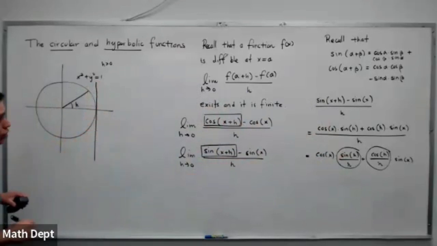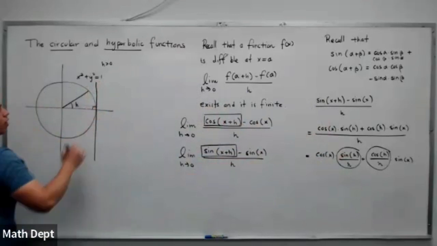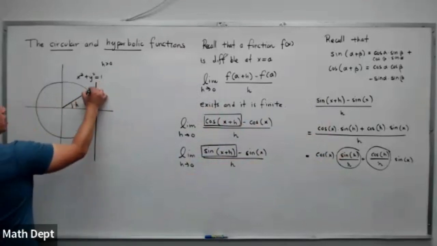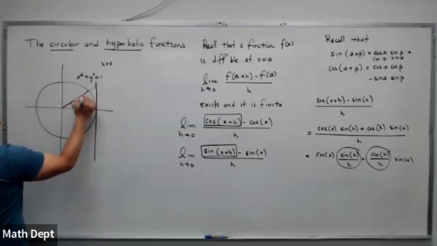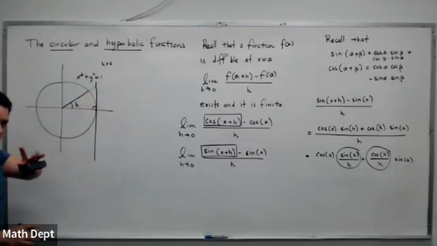Based on this, I'm going to draw a tangent. I know that the tangent to a circle forms a 90-degree angle with its radius at the point of intersection. And from here, I'm going to extend the triangle all the way up to here. Then I'm going to consider three elements.